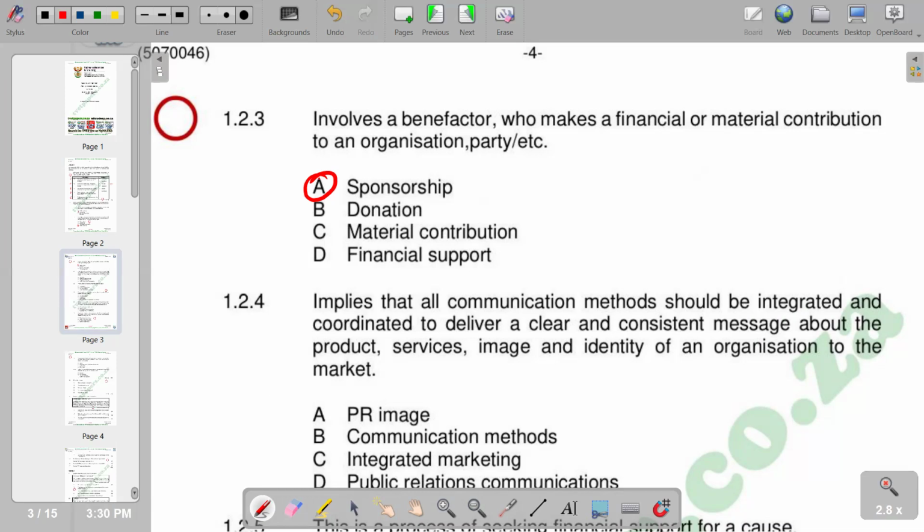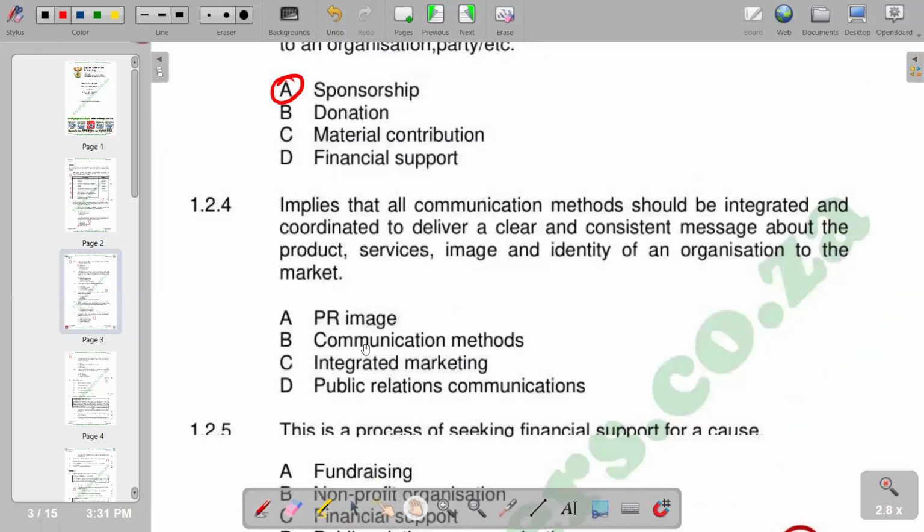Then we go to number 4. It implies that all communication methods should be integrated and coordinated to deliver a clear and consistent message about the product, services, image, and identity of an organization to the market. Of course, we've got PR, image, communication methods, integrated marketing, public relations, communications.